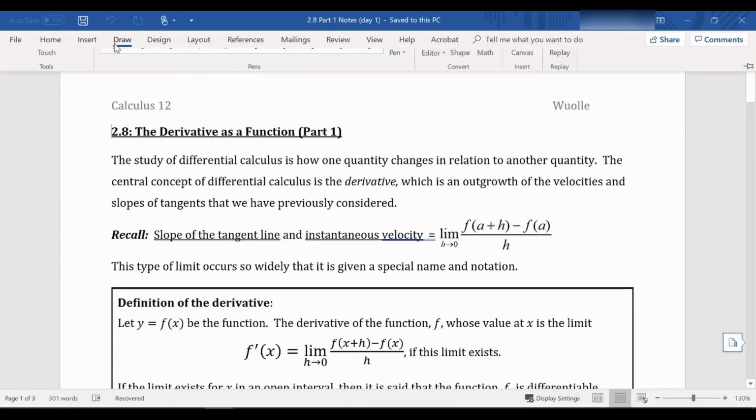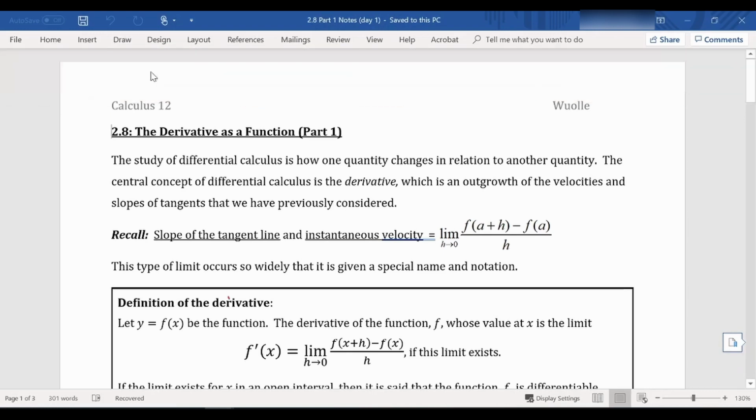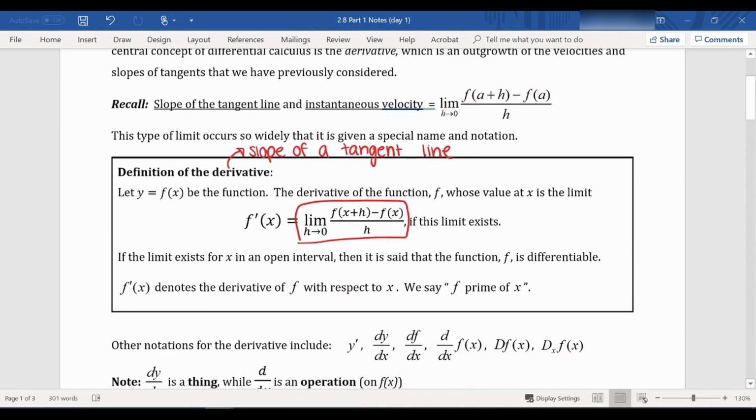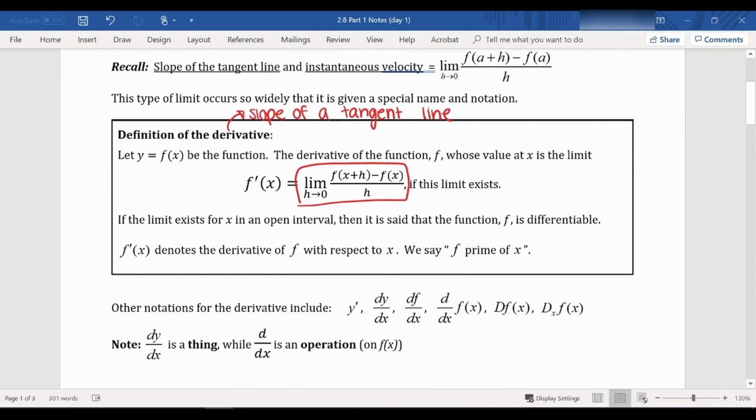So, what a derivative is, is just the slope of a tangent line. And we can use the same limit formula we used to find the slope of a tangent line to find our derivative. The notation you see here is one of the more common notations you will see.